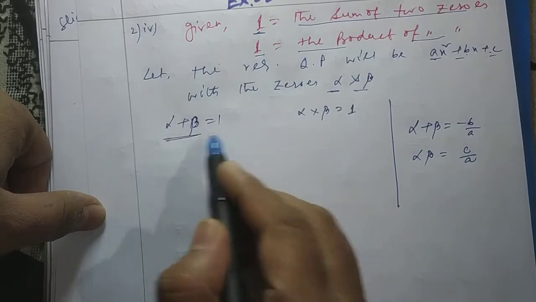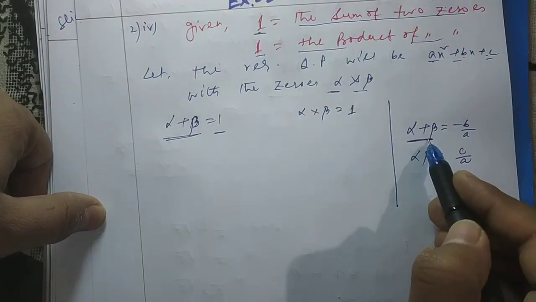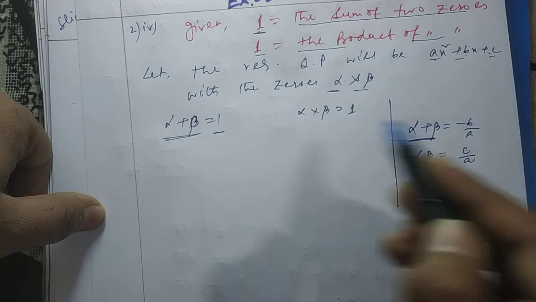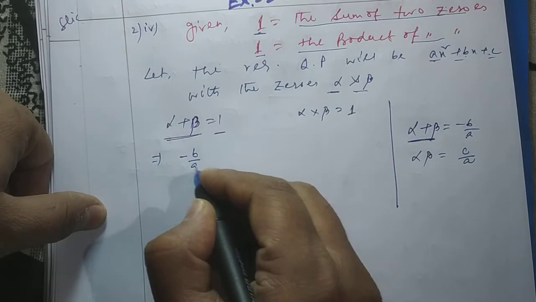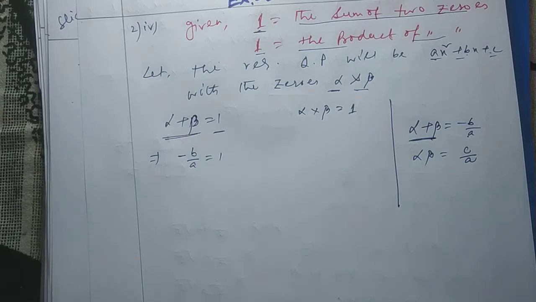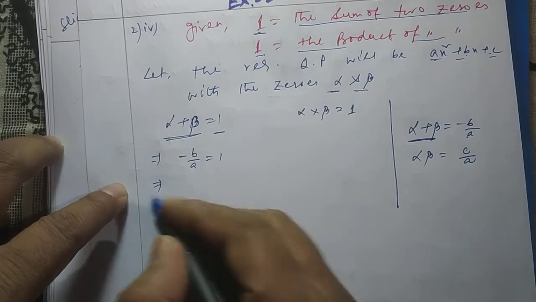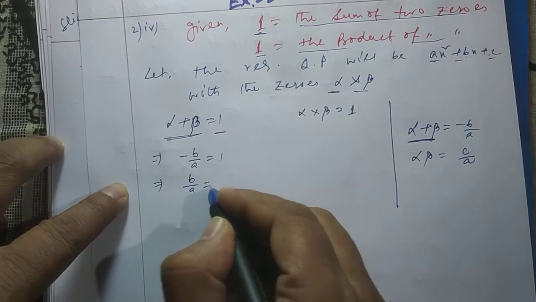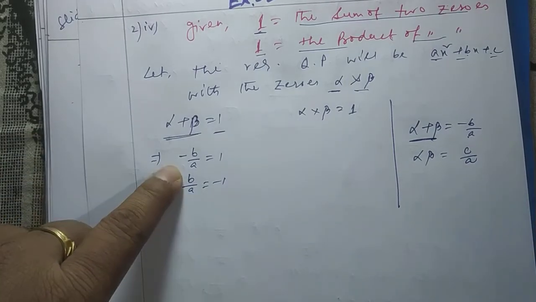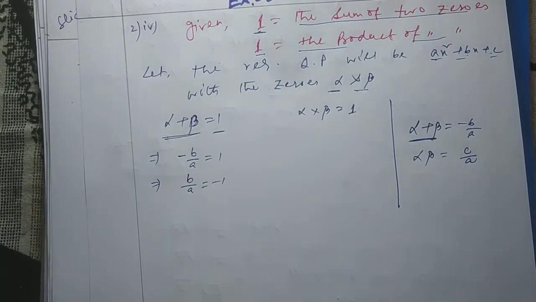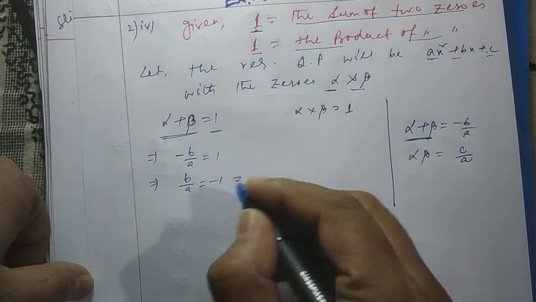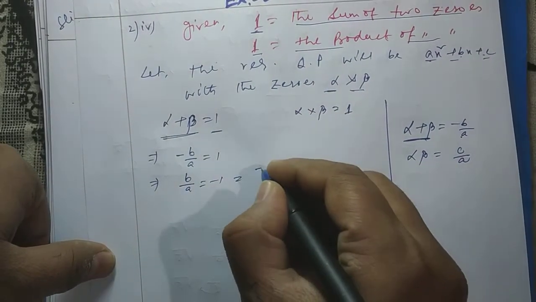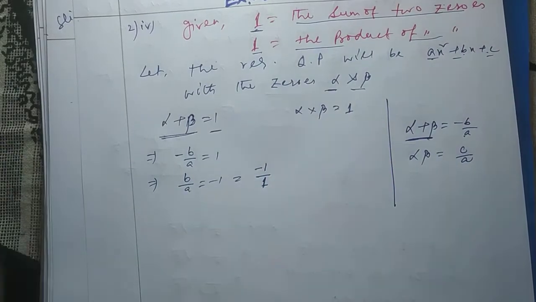Since alpha plus beta equal to 1 here, and here alpha plus beta equal to minus b by a, we can say both will be same. So minus b by a will be equal to 1, correct? So from here b by a will be minus 1. Let us multiply minus 1 on both sides to remove minus 1 here. Now this minus 1 can be written as minus 1 by 1, correct?